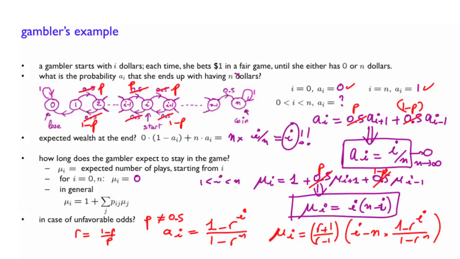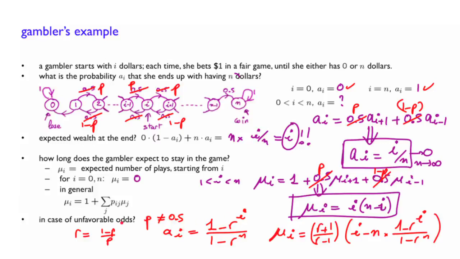And you can see that when P is strictly less than 1/2, in other words, it's even worse for this gambler, then A of I, which is the probability of getting to this favorable state, will also go to 0 when n goes to infinity.